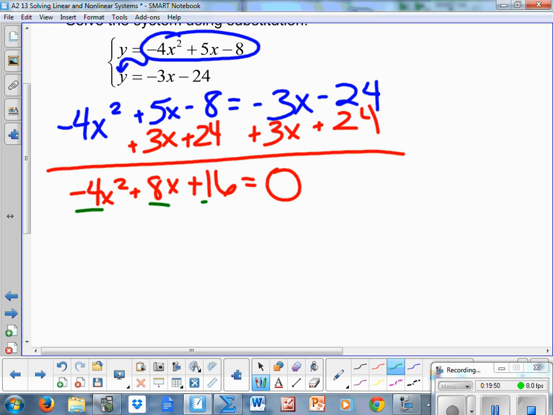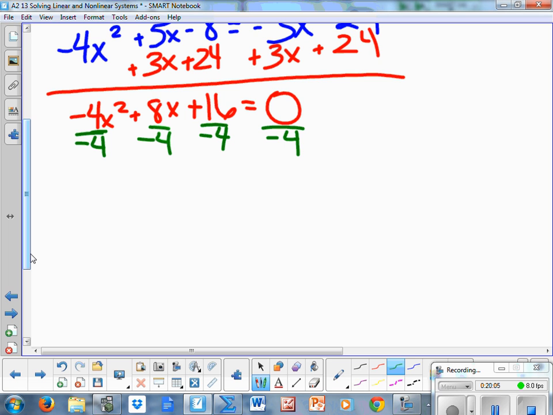And it just so happens that there is. I can divide all three terms by -4 to make this simpler. So I get x squared, negative 2x, and negative 4. That's still equal to 0, because 0 divided by any number is 0.